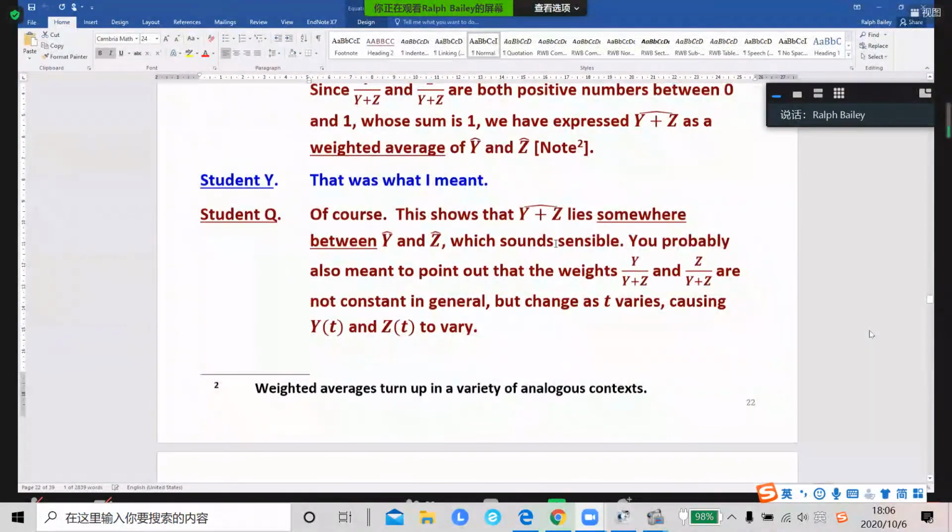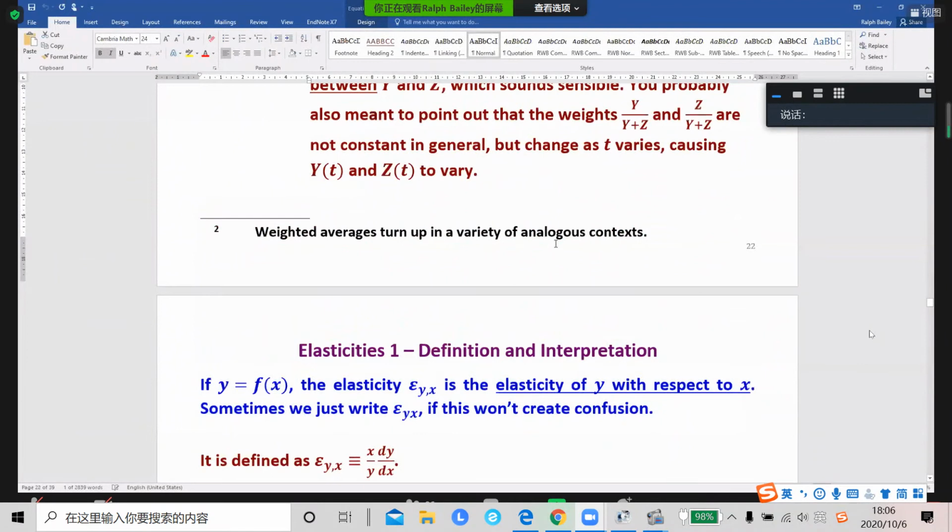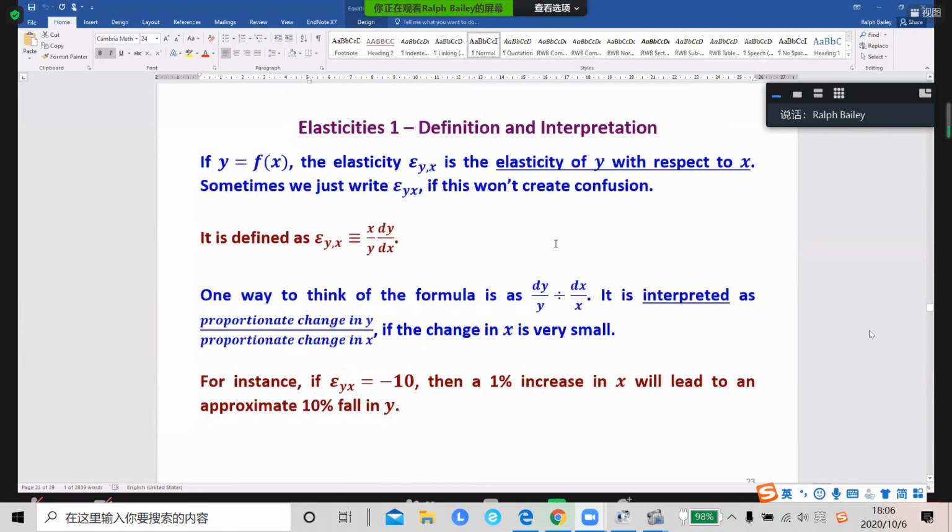And then elasticities. How are they defined? You take a derivative, dy by dx, and turn it into something unit-free by multiplying by x over y.